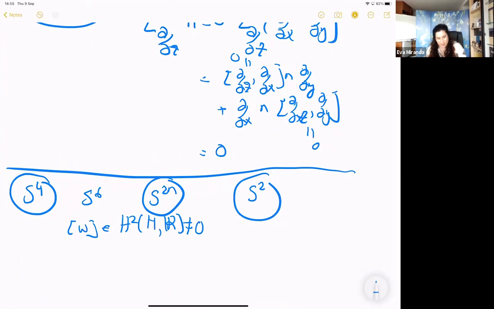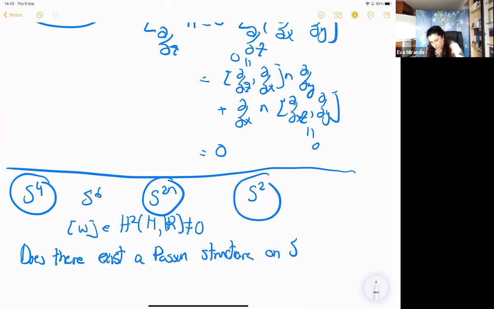Does there exist a Poisson structure on S4 with dense symplectic leaves? Why did I say dense symplectic leaves? Because symplectic, I know it cannot be.